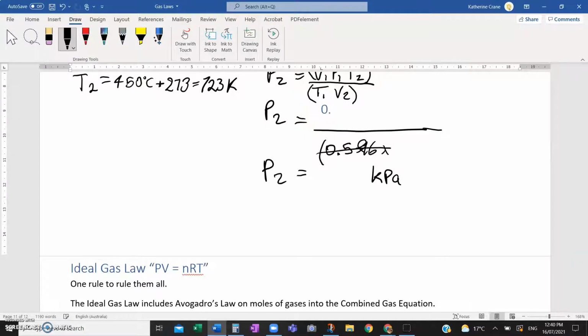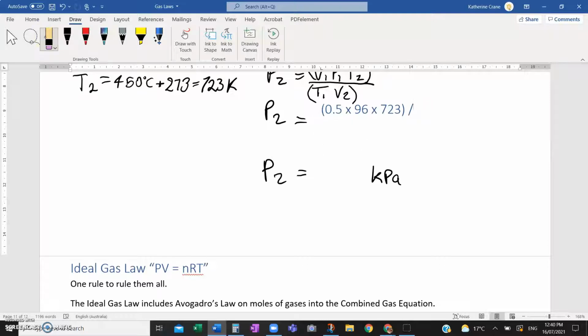So 0.5 times 96 times T2, which was 723. Okay, so that thing, and then we do that divided by, oh, come on, the eraser doesn't want to work.